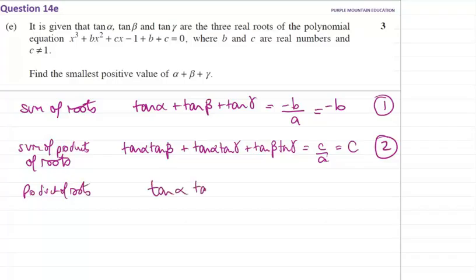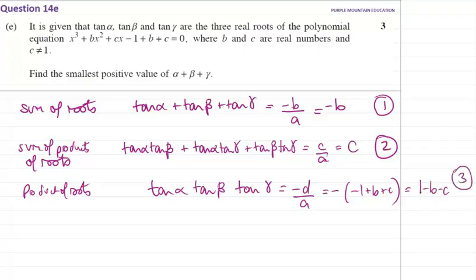Tan alpha tan beta tan gamma equals minus d on a, which equals minus outside of that d term, which is minus 1 plus b plus c. So tidying that up a little bit, that's 1 minus b minus c. And we'll call that equation 3.